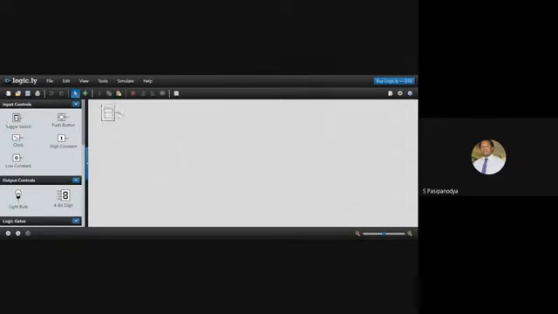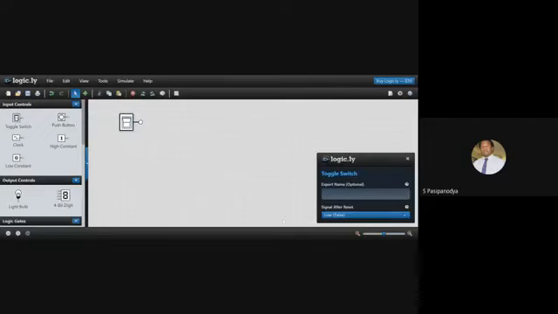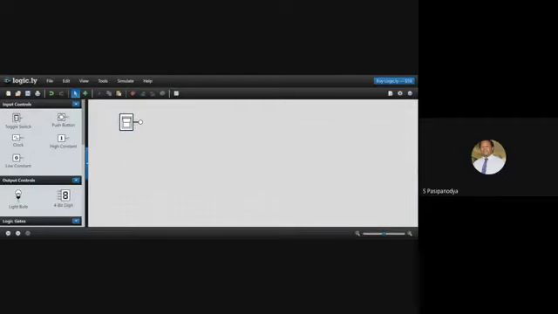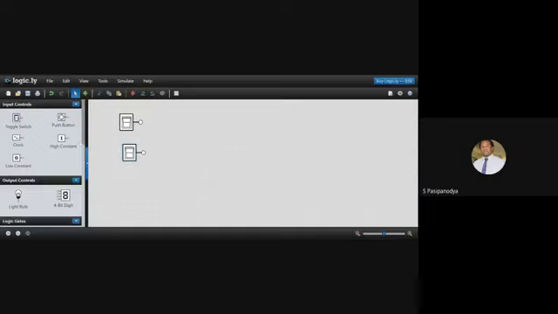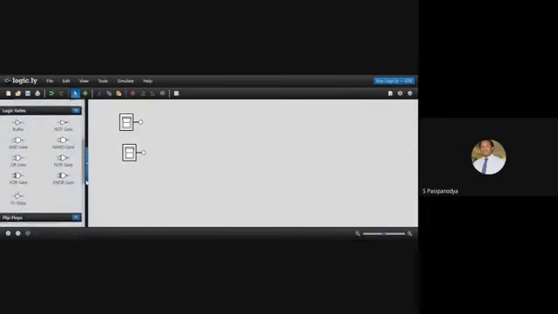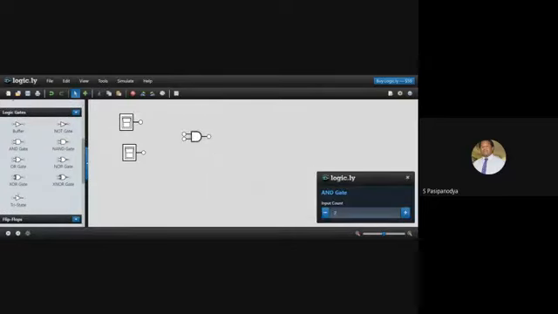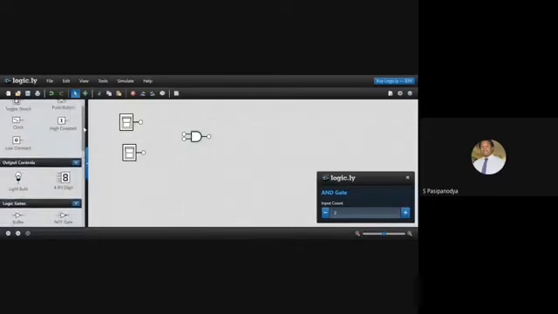So let us look at a basic example we did a few minutes ago. Let's call this a switch. And we also need another one. Let's also call this a switch. And we need the gates, and we need an output.